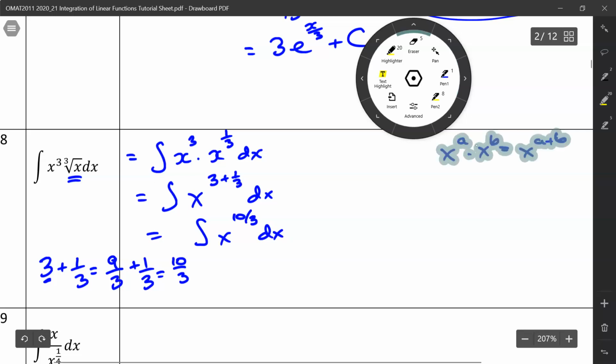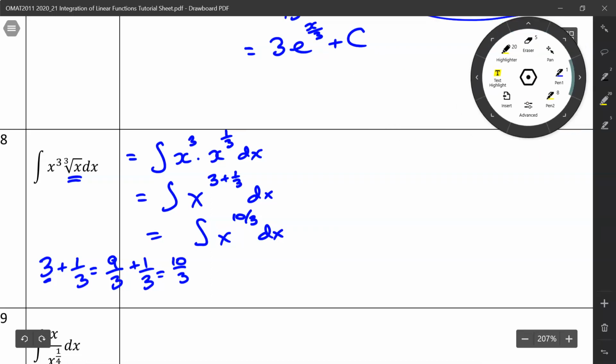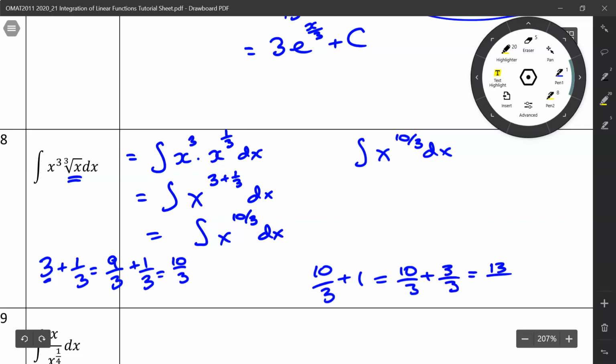And if I just move that out of the way, so we have a bit of space. I'll just write it back up here, 10 over 3 dx. So you follow the rule: you add 1 to 10 over 3. So 10 over 3 plus, and you express the 1 as 3 over 3, is 13 over 3.